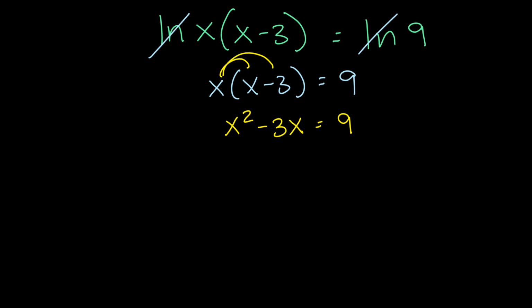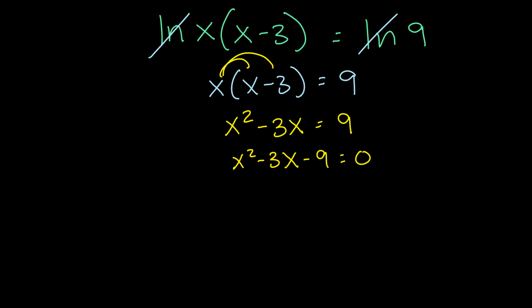You have to factor. That's why we have to set it equal to 0. So we're going to subtract 9 over and set it equal to 0.